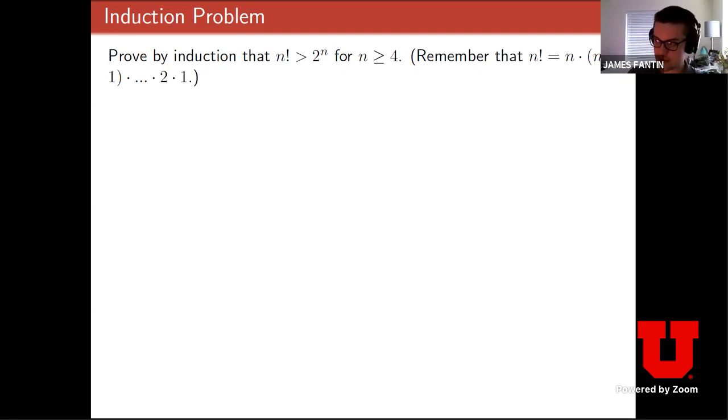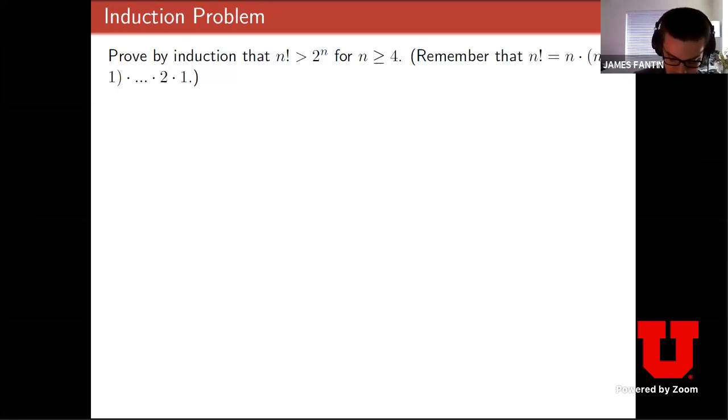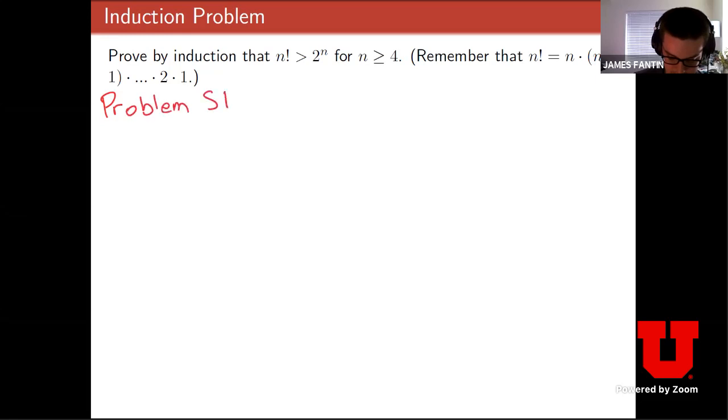So we've got this induction problem. We always start our induction problems the same way. First we need a problem statement. So can somebody give what our problem statement would be for this problem?